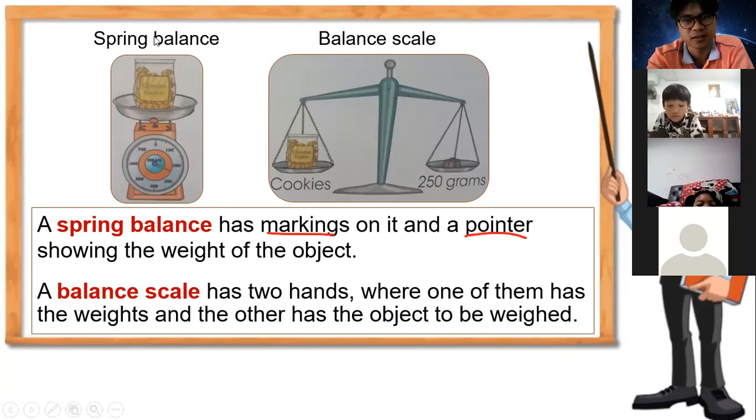All right. So this is the picture of the balance scale. There are two hands. Okay. So that's another example of some measuring tools.